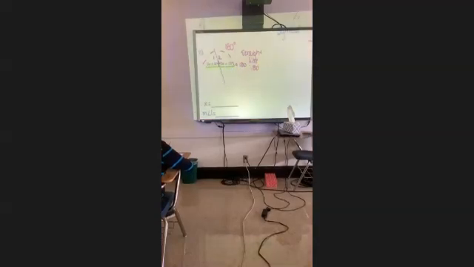Add them together, set equal to 180. Now you can combine like terms. You have a 2x and a 3x. 2 plus 3 is 5.